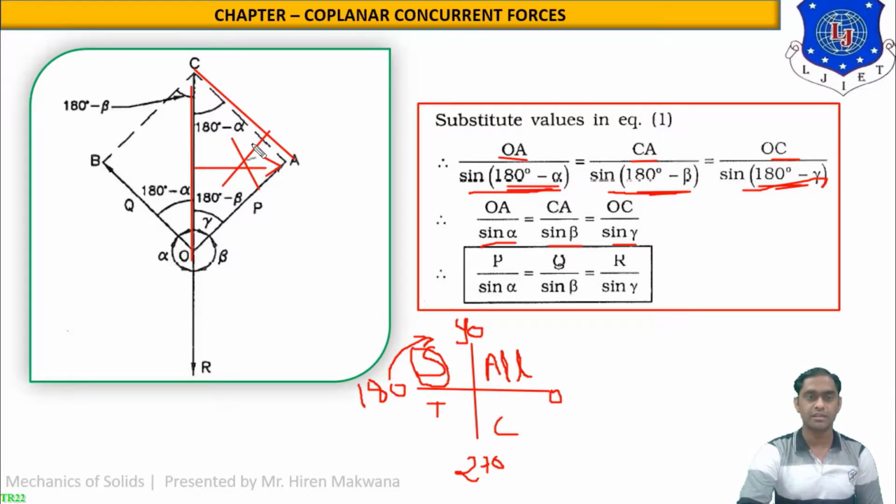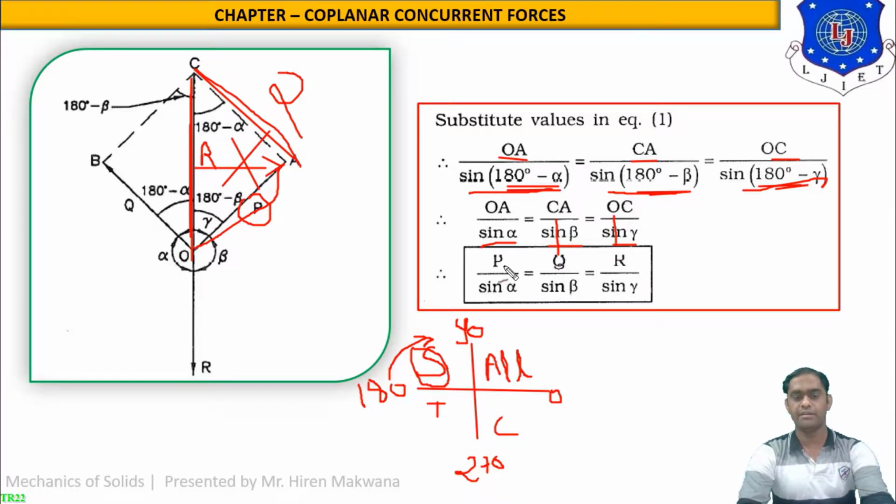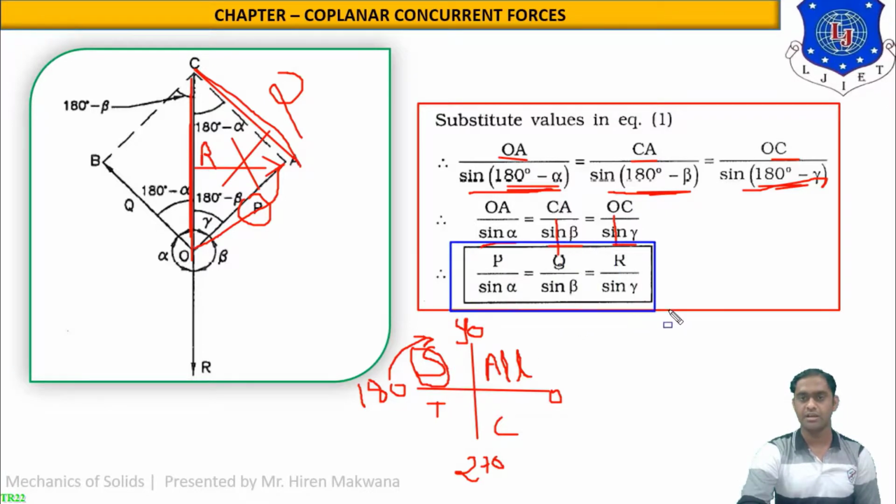From the figure you can see this force OA will be equal to P. The second side OC will be equal to R and the third side CA will be equal to Q. So just replace the forces: OA equal to P, CA equal to Q and OC equal to R. So our final and last equation is P upon sine alpha is equal to Q upon sine beta is equal to R upon sine gamma.